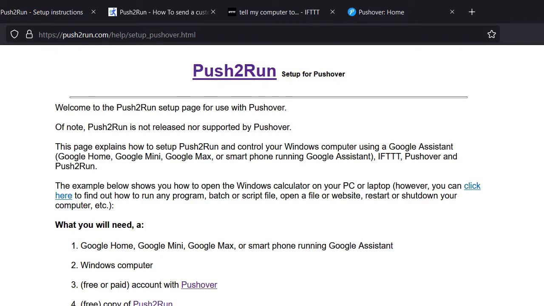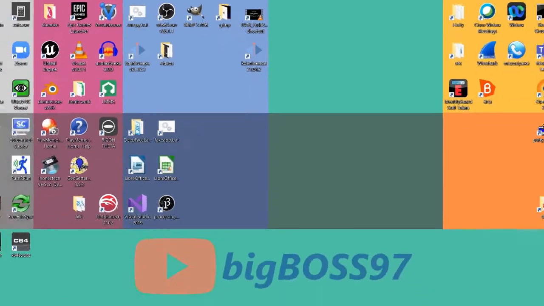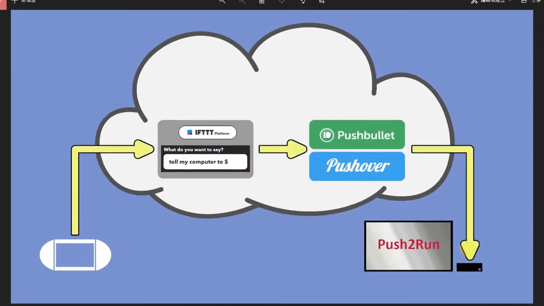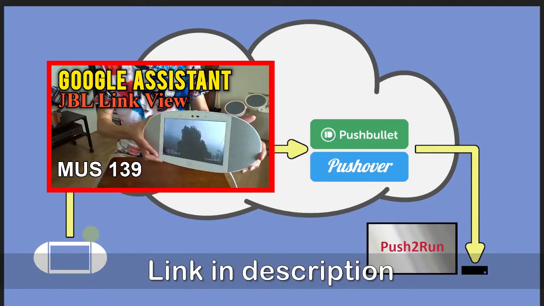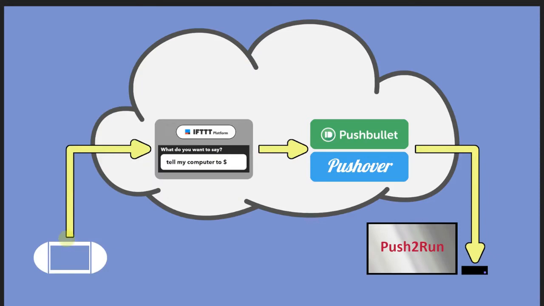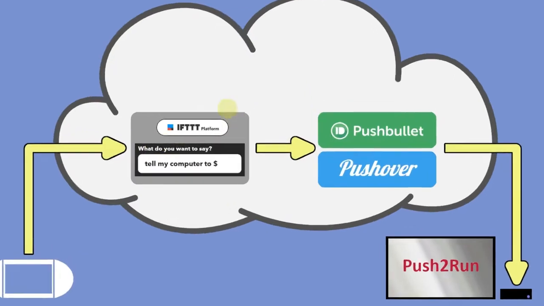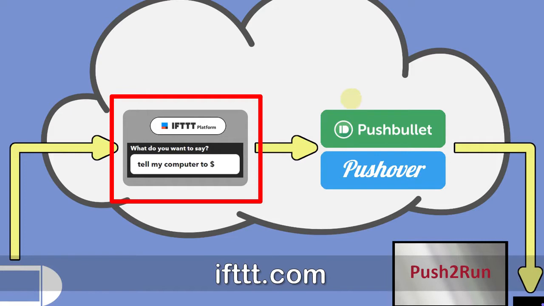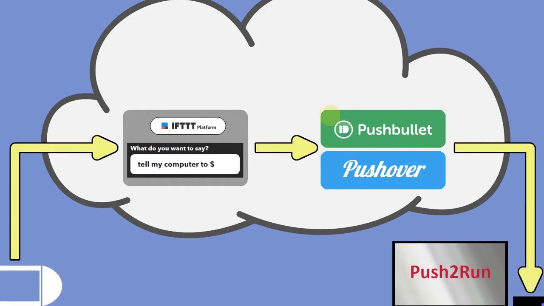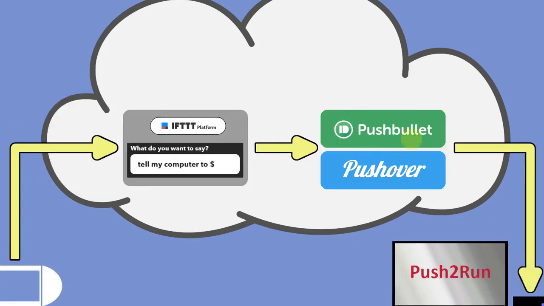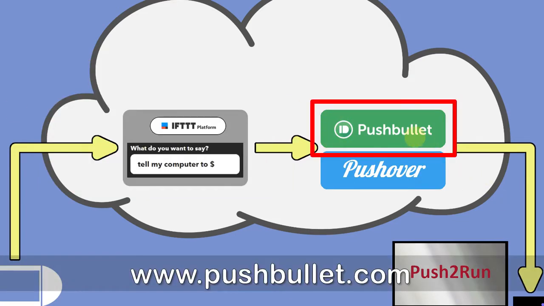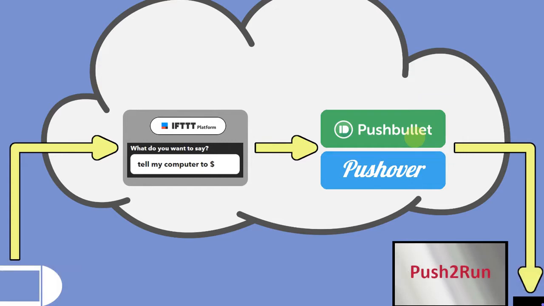How does this work? Push to Run is a Windows software. I've installed it on my laptop here, and on the other side is my Google Assistant. Mine is a JBL Link View, and the request will go through the If This Then That service, which will trigger one of the services. I've got an older video showing setting this up using Pushbullet, but my Pushbullet account is no longer working.